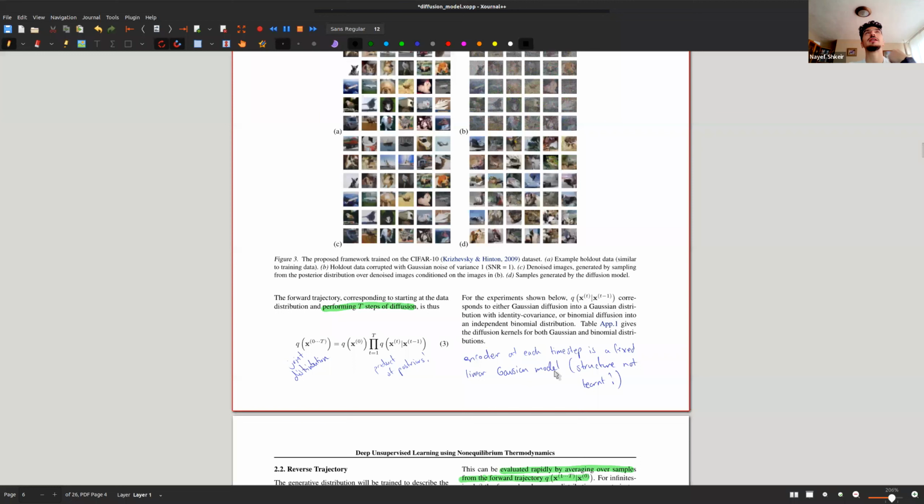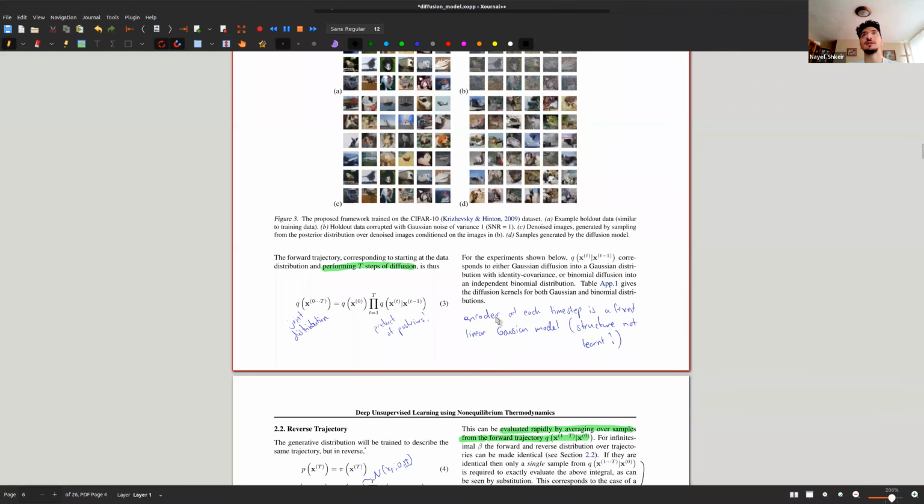So in a VAE, you're learning the weights of your encoder network, but here you're not learning any weights. It's fixed, so at each time step you have a fixed model and you don't need to vary the parameters of the encoder.